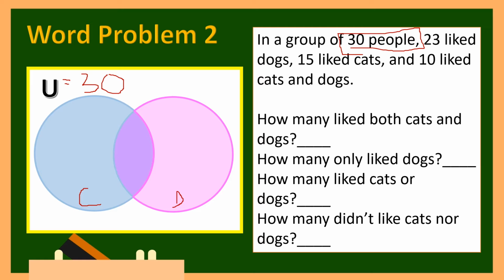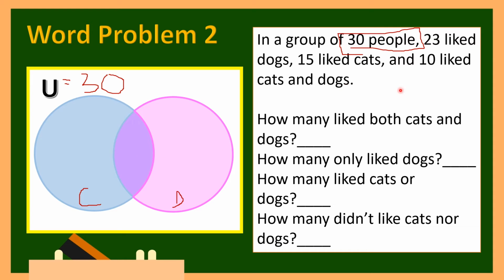Sabi dito, meron tayong 23 like dogs, 15 like cats, and 10 like cats and dogs. Bibigyan ko kayo ng tip para mas mabilis kayo makapaglagay ng number of elements sa loob ng Venn diagram natin. Hindi pwedeng yung 23, inalagay nyo na agad dito sa loob ng circle natin.